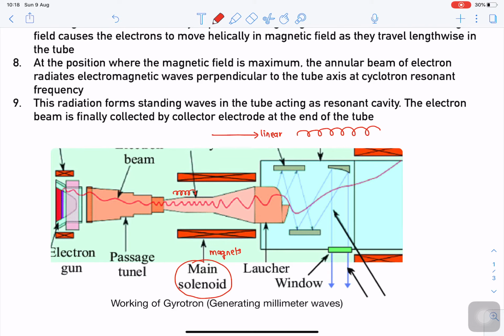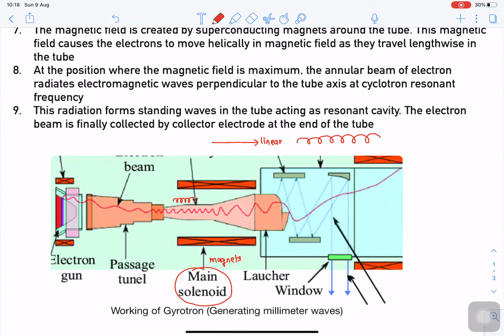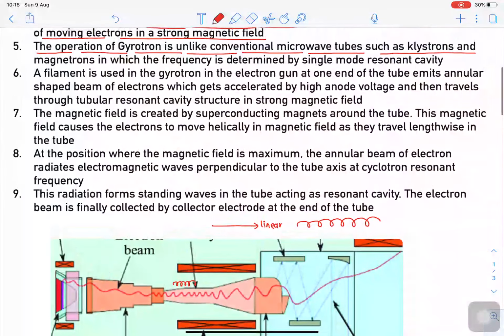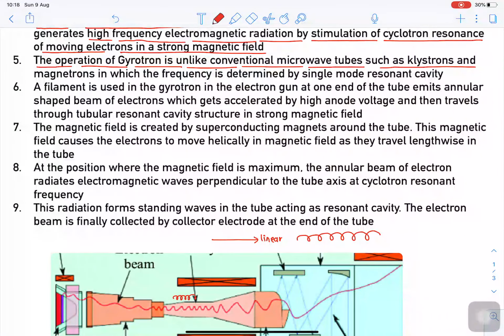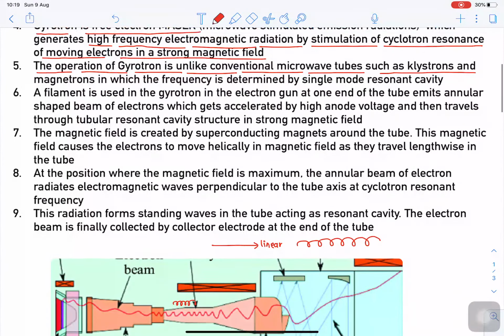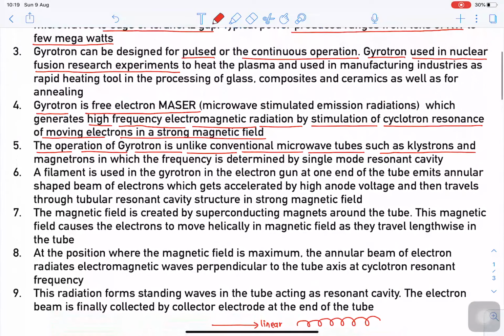The frequency of such an operation will be located in the millimeter wave region, and this frequency is very high, so the gyrotron is able to produce a level of frequency far beyond the microwave. The power level associated with this millimeter wave signal ranges from several kilowatts to a few megawatts.